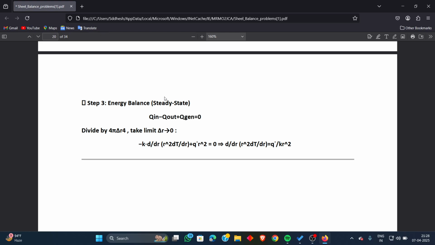Divide by 4 pi delta R, take the limit delta R to 0. Minus K d by dr of R square dT by dr plus q dot R square is equal to 0. d by dr of (R square dT by dr) is equal to q dot R square by K.